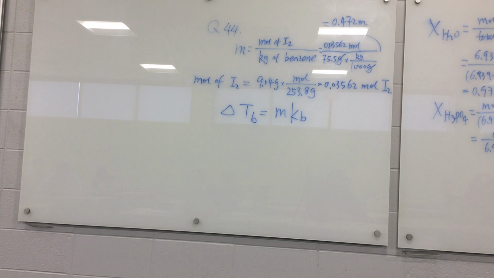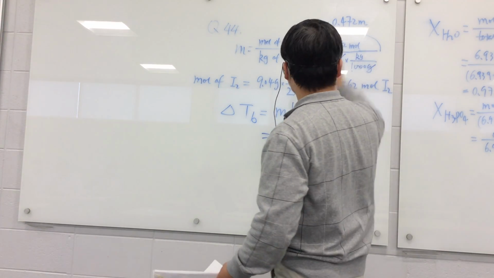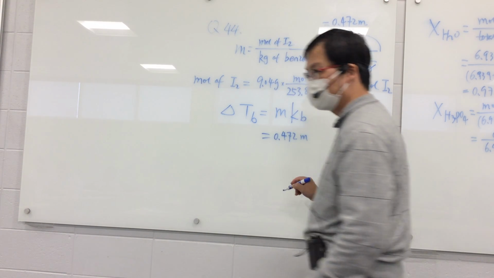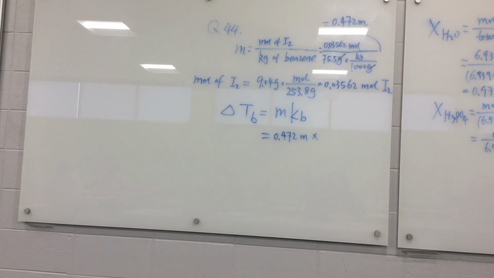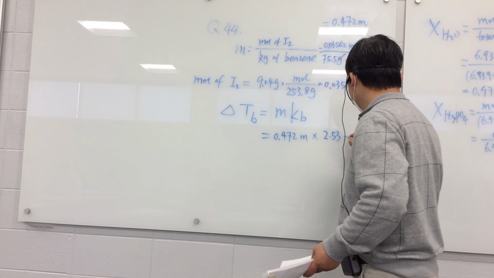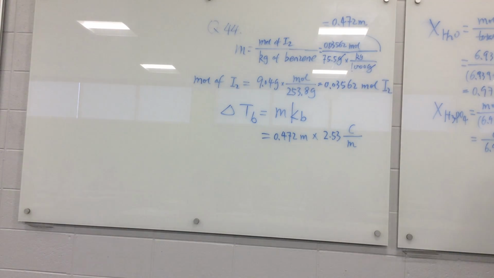And you can see here benzene. The Kb equals 2.53, right? Here the m equals, as we calculated, 0.472 molal times Kb, which is 2.53. The unit is degrees Celsius divided by molal, right?